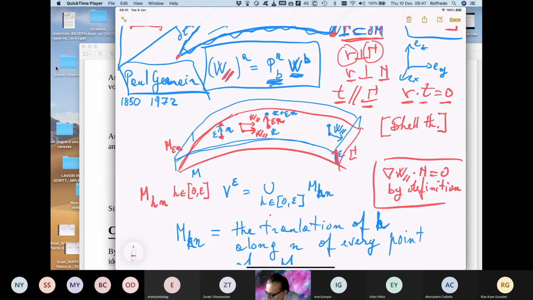Okay, and now I have a vector field W parallel. Okay, it is a vector field defined on the surface only. Now, the idea is that I extend this W parallel along this small slice having direction n and thickness epsilon in the most trivial way. It is constant.